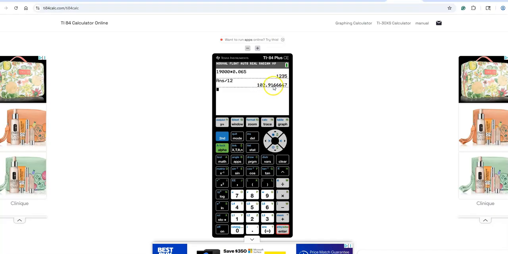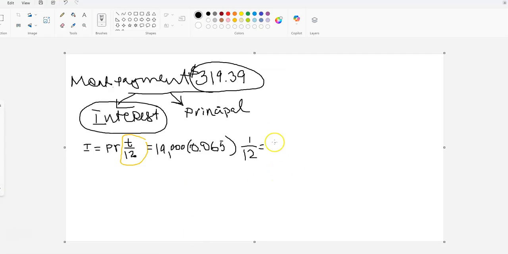So it will be $102 and 92 cents. So that's what we need to enter over here.